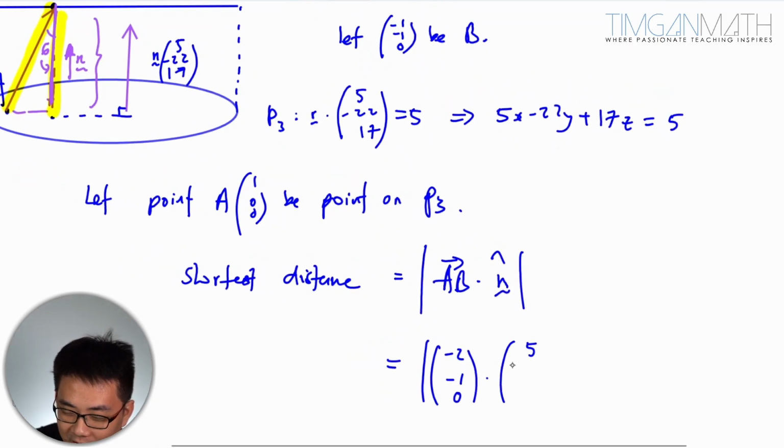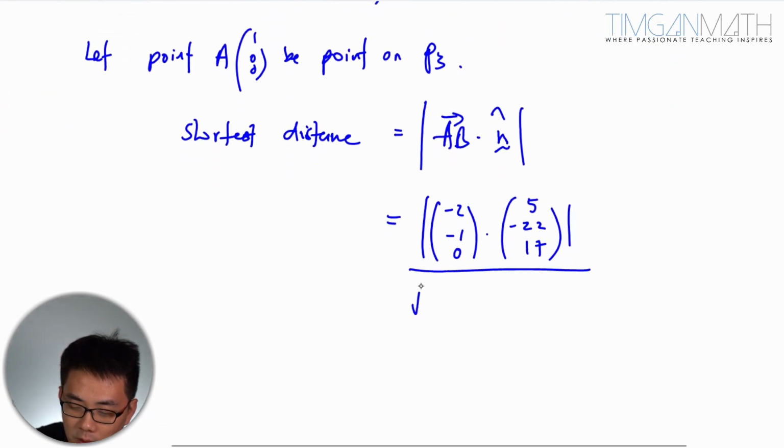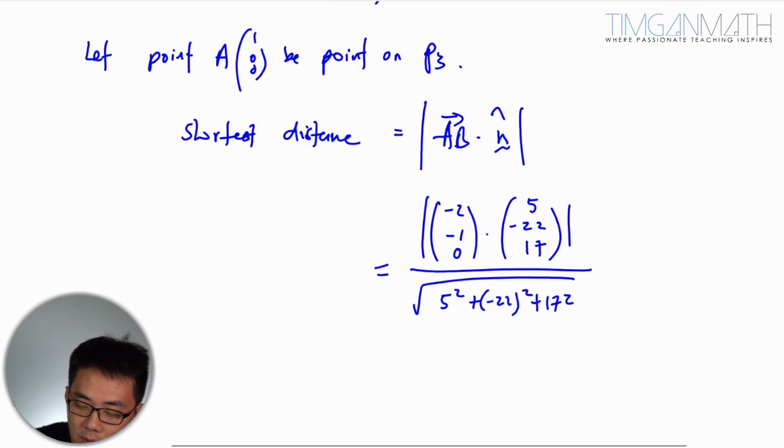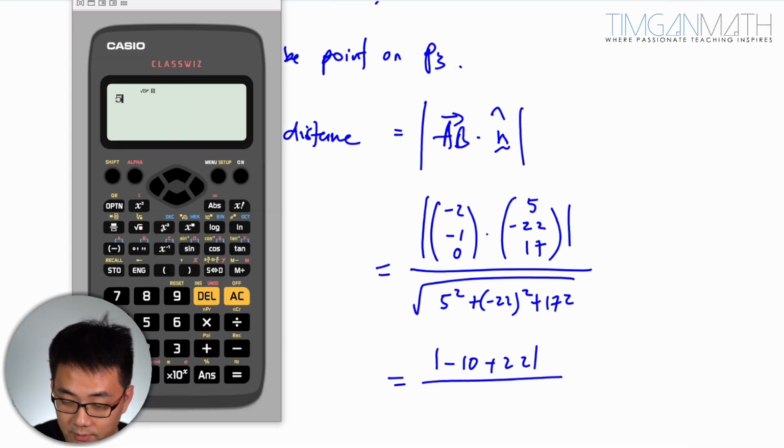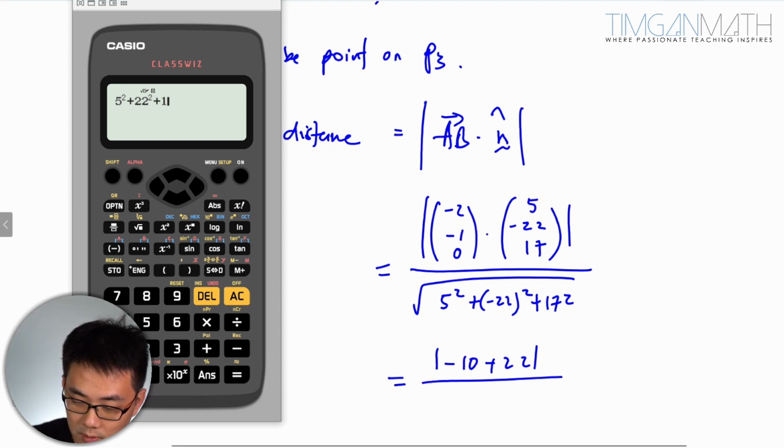It's 5 minus 22, 17, dot over the root of it, because you need to find the magnitude. Then you dot it: 10 plus 22 over the square root of 5 squared plus 22 squared plus 17 squared.